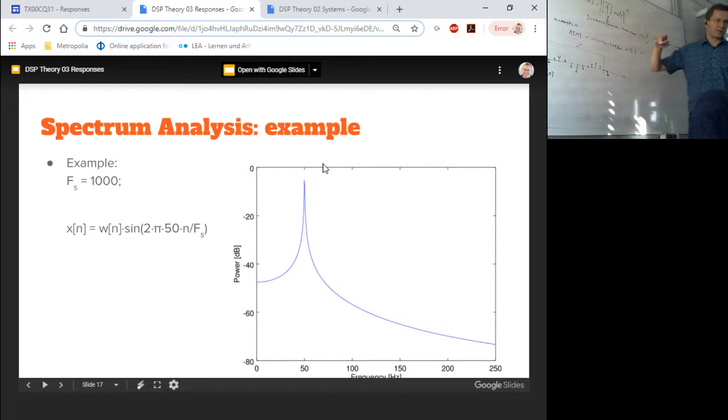Fourier transform and the power series. You have the multiplication in time is the same as convolution in frequency.